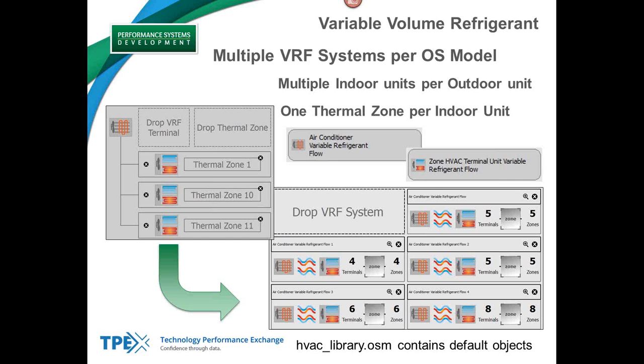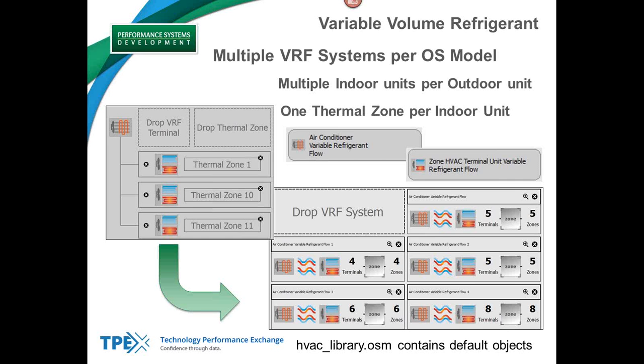So it makes it very simple, once one has the performance curves, to configure a model quickly to examine VRF performance, whether that's heat pump or heat recovery or different thermostat control strategies and so on. The last note I would say about this slide is that we saw earlier the TPEX, Technology Performance Exchange, which is feeding data into the building component library, which then feeds data to OpenStudio.